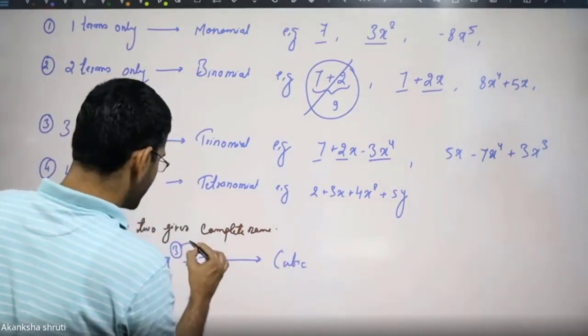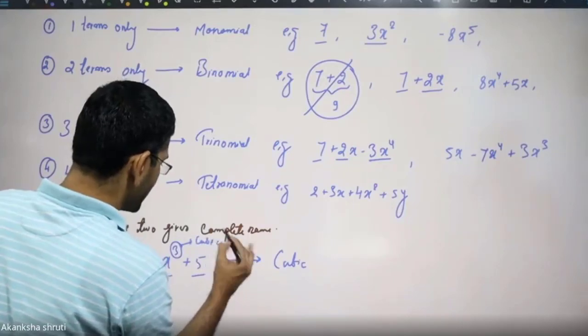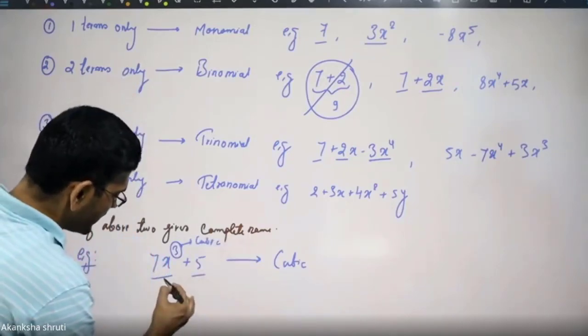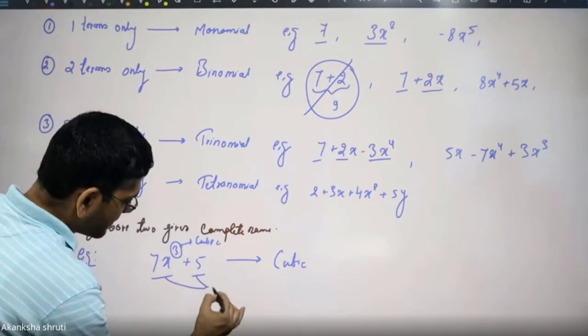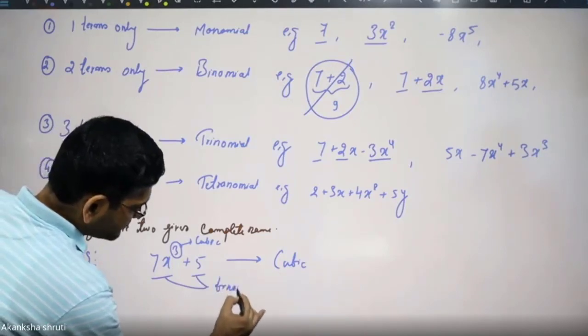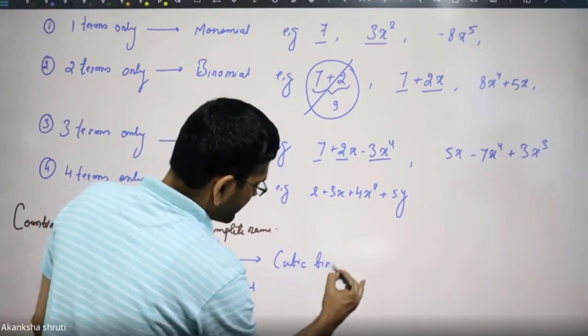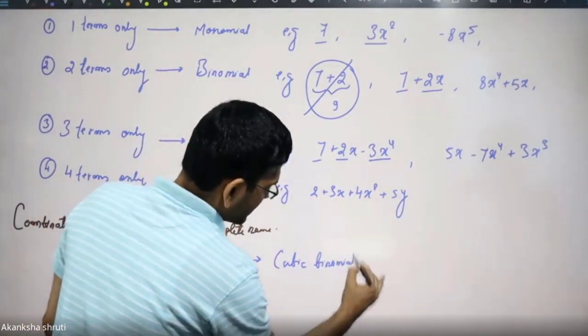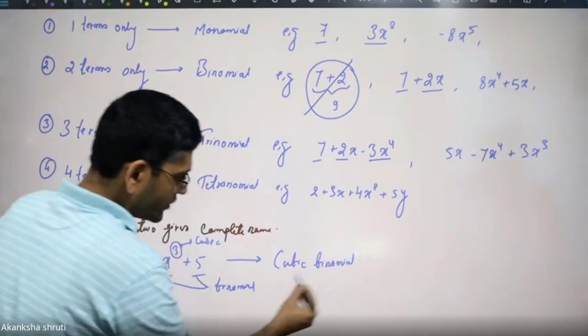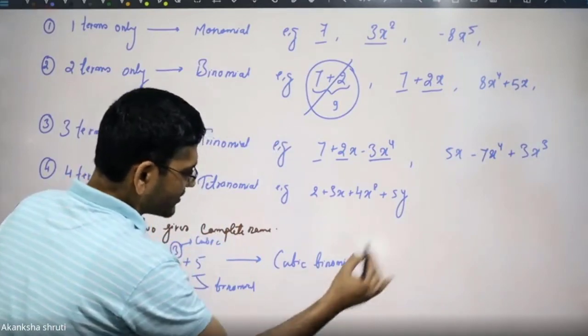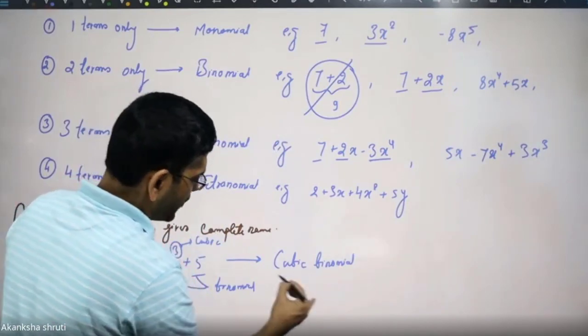These have given the name cubic, but 2, so these have given the name binomial. So it is a cubic binomial. While using the term binomial, no need to write again the term polynomial.